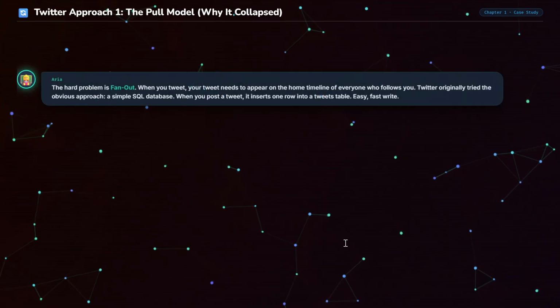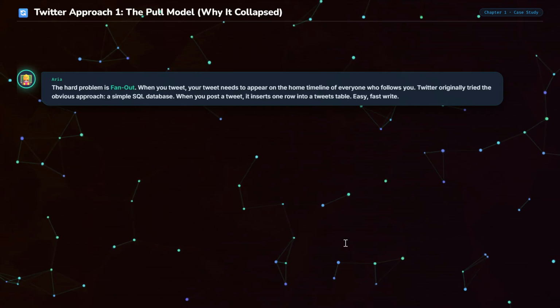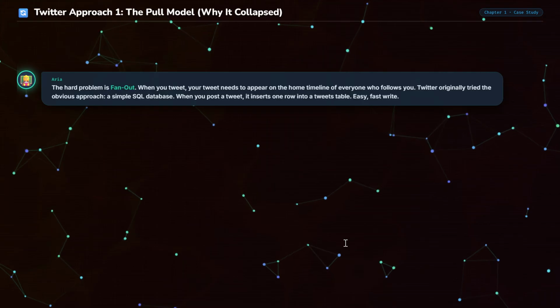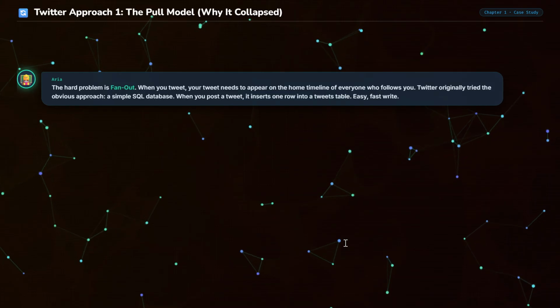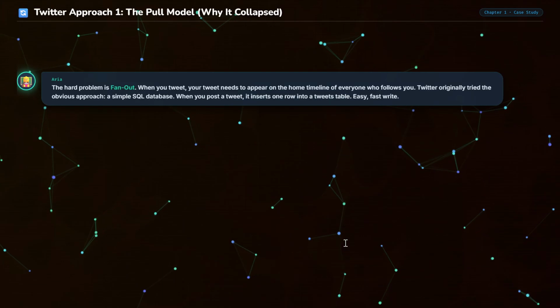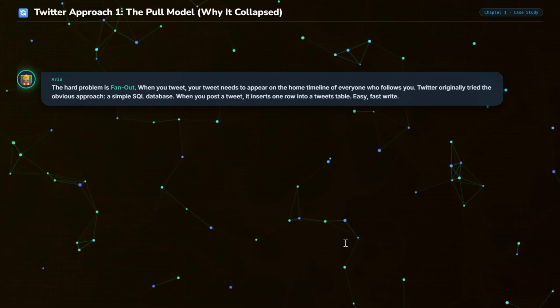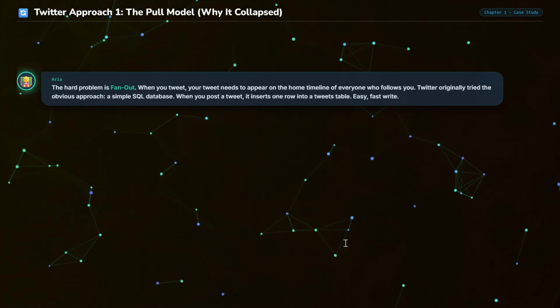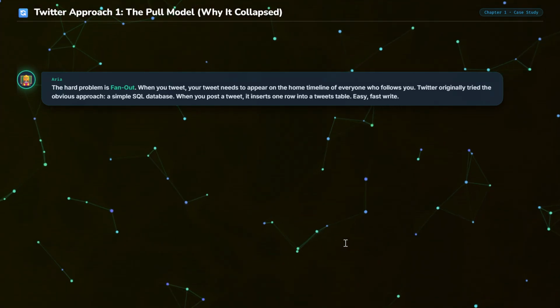The challenge hidden in these numbers is called fan-out. When you post one tweet, it needs to be visible to potentially hundreds or millions of followers. This fan-out effect is what made Twitter's engineering genuinely difficult. Their original approach was the obvious one: a traditional relational SQL database.